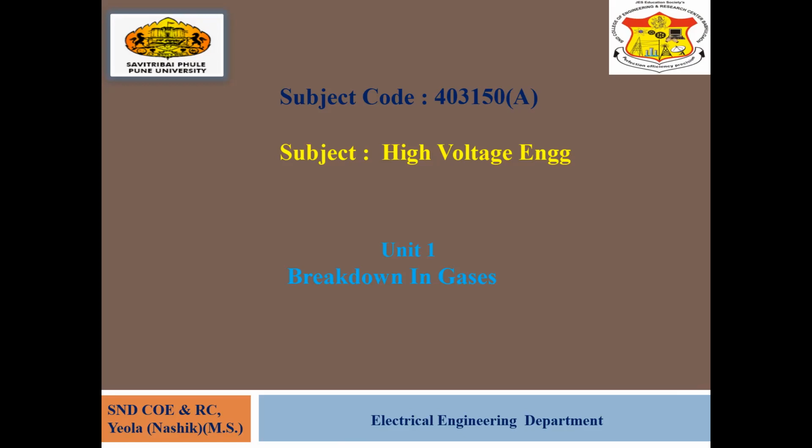What is P? P is the pressure and D is the distance between the electrodes. If it is less than 1000, then there is going to be a uniform field, and in this case, Townsend theory is applied. But what will happen if PD is going to be greater than 1000? Then a non-uniform field is produced, and at this time we have to apply the Streamer's theory.